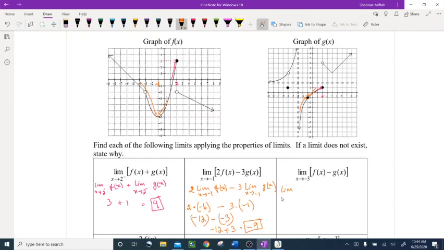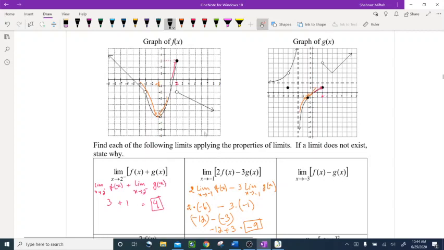Limit x approaches -3 of f of x minus, oh, I should be using a different color, right? Okay, now we're gonna use that dark gray.